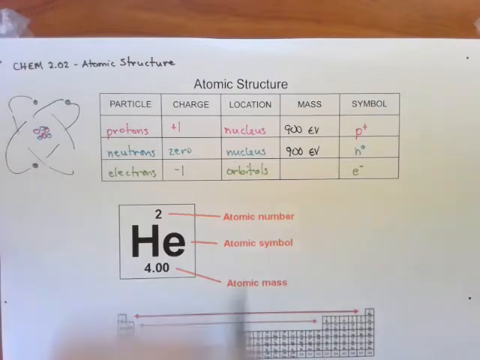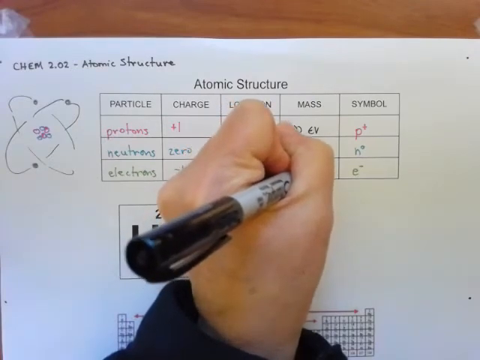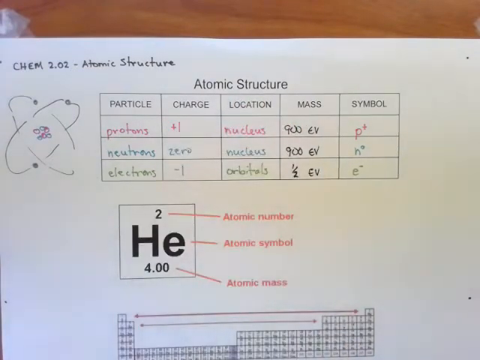But if you look at the mass of an electron, that is 1/2 of an electron volt. So protons and neutrons are almost 1,000 times more massive than electrons. Interestingly enough, though, the charges are equal and opposite for protons and electrons.